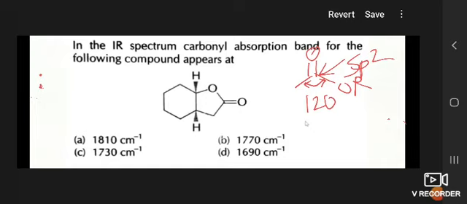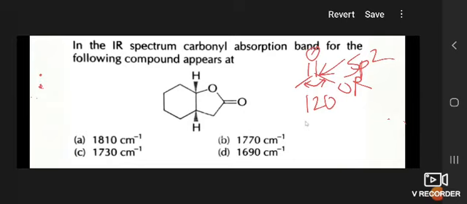As it is free from angle strain, its IR stretching frequency for the carbonyl appears in the range for the ester carbonyl, that means 1730 and onwards. That means it is greater than 1730 centimeter inverse, and generally it is 1735 centimeter inverse.